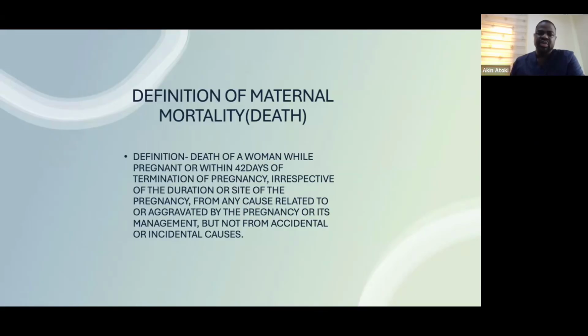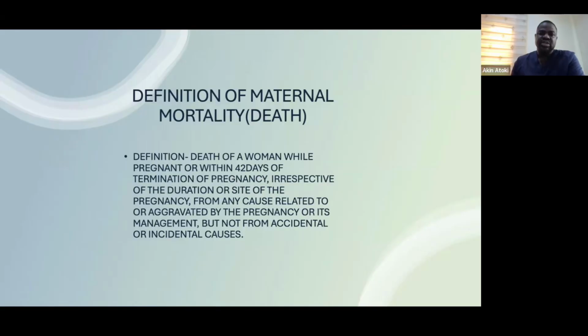So what that means is that when a woman is pregnant and for any reason she dies during that pregnancy from things that are related to the complication of that pregnancy, irrespective of how many weeks that pregnancy was, or where that pregnancy is, in case of ectopic, for instance, or whether it was in the correct place, or if it's situations like diabetes or hypertension that was aggravated by the pregnancy, or sometimes it's even the management of the pregnancy, management of conditions in the pregnancy.